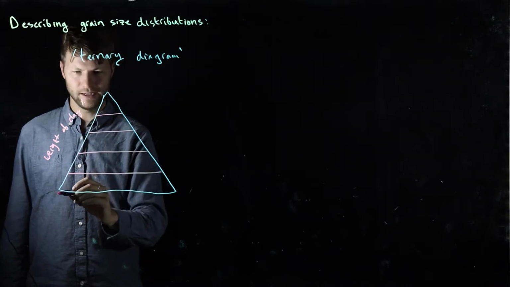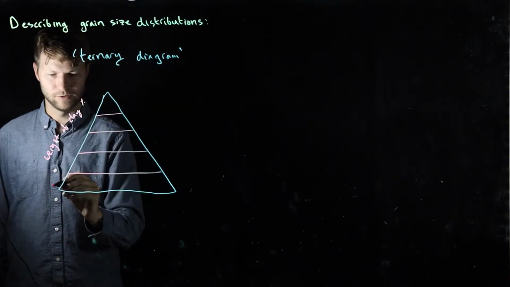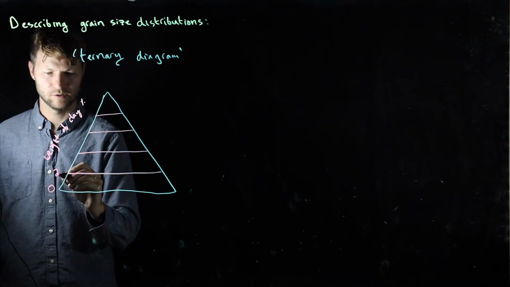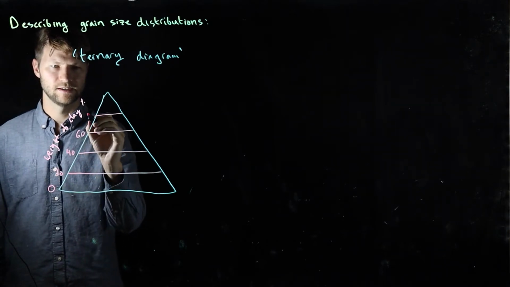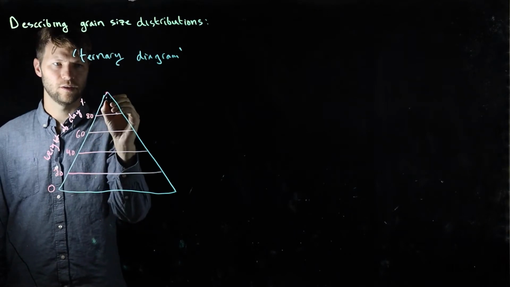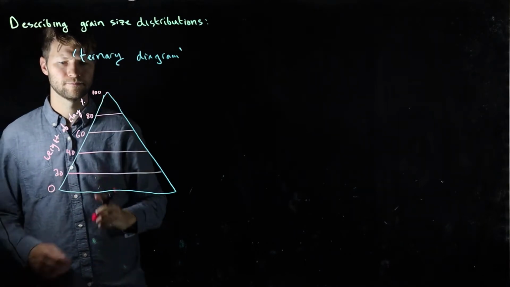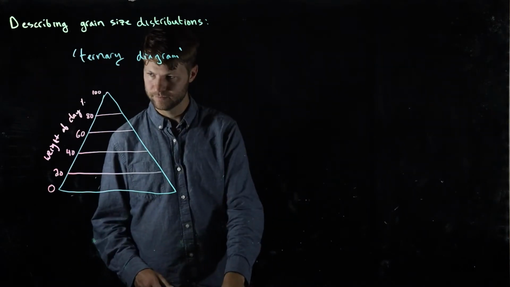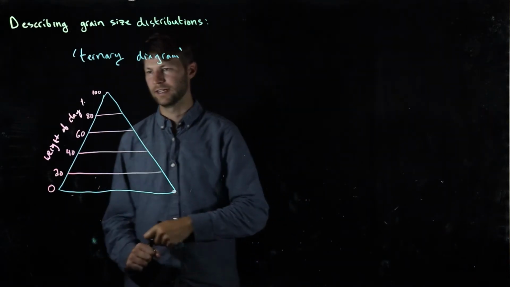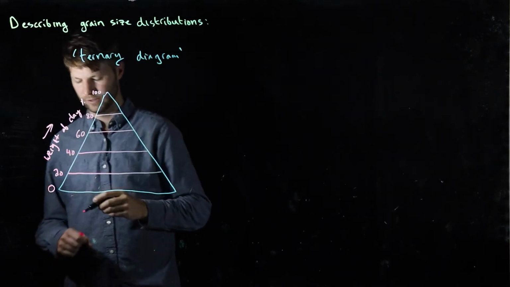And it's going to be increasing from the bottom. So from 0%, 20, 40, 60, 80, all the way up here, 100. Then over here, I'll put a little arrow to kind of denote that this is increasing this direction.